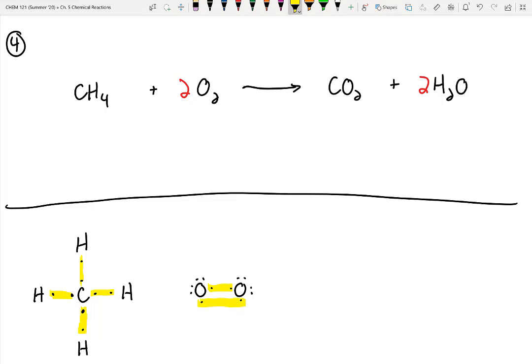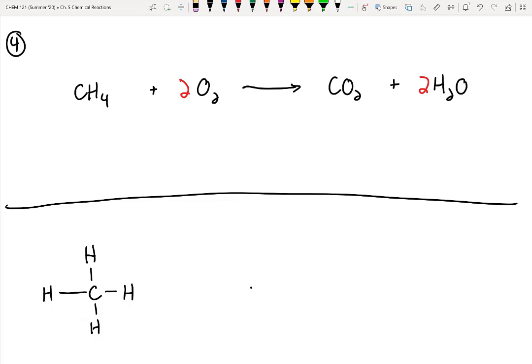So really, if we redraw these and make them look prettier, I could redraw CH4 with bonds between all of those, right? And I'm going to do the same thing for oxygen. And we know we've got 2 of them, so I'm just going to draw this out twice. And next is CO2.